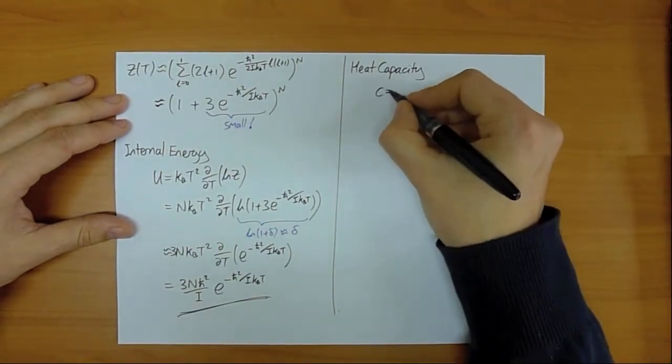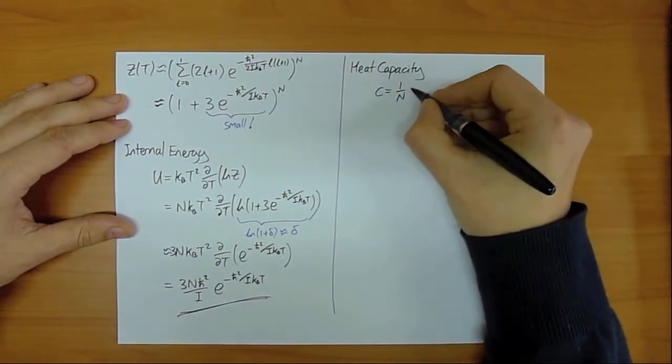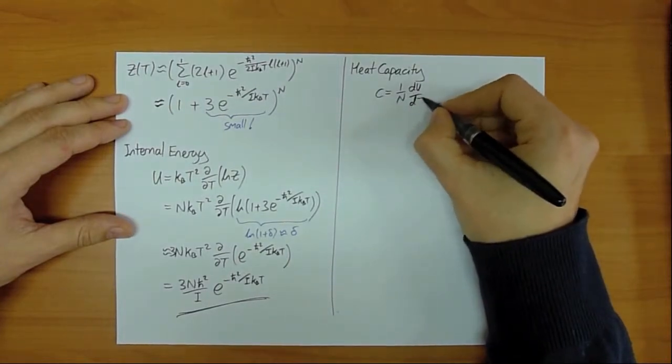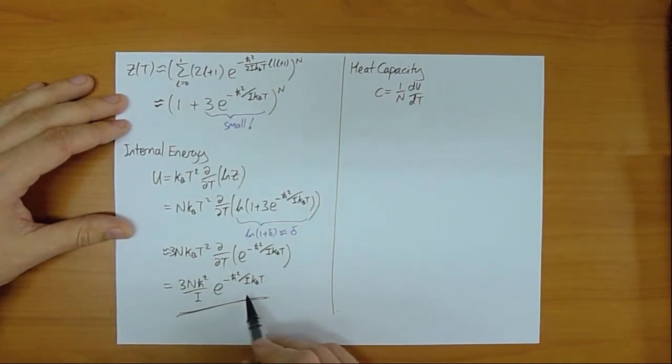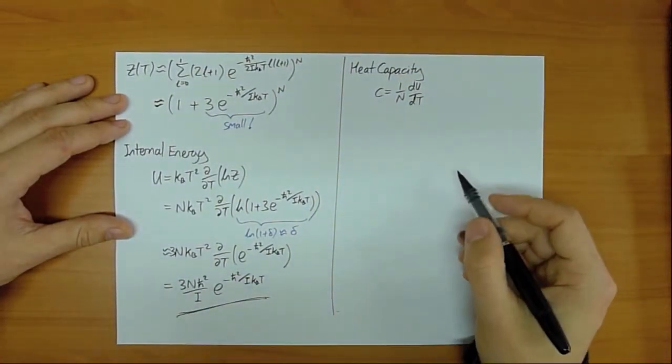Okay, so C per particle again, 1 over N dU by dT. U is this, so if I differentiate again, I get another factor like this down the front.